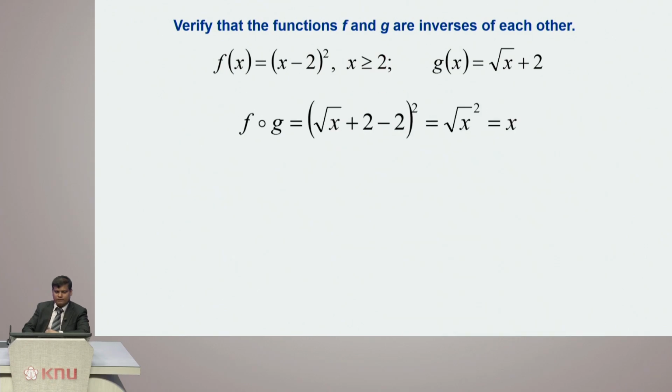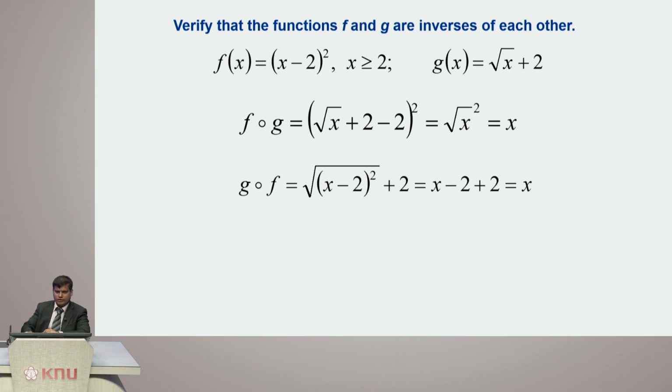So here f composed with g, we have root x plus 2 minus 2 the whole square. So we are putting g of x inside, so the root of x square is x. g composed with f is root of x minus 2 the whole square plus 2, that is x minus 2 plus 2 equals x.